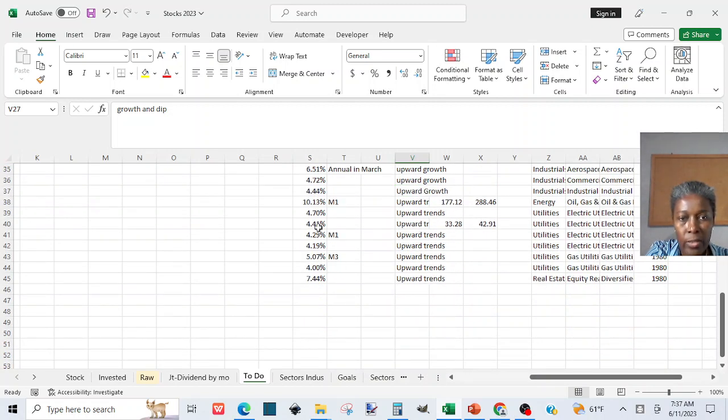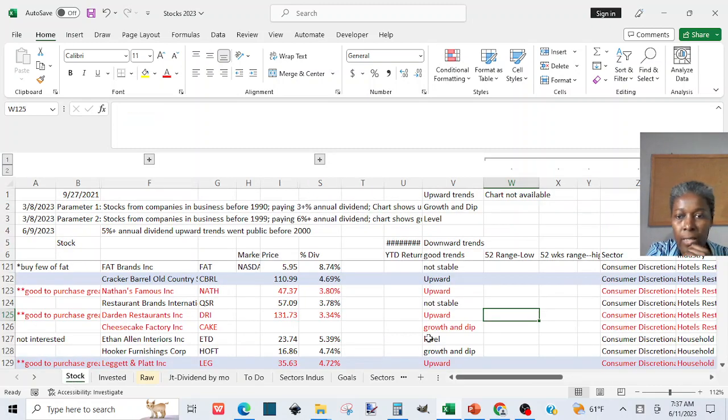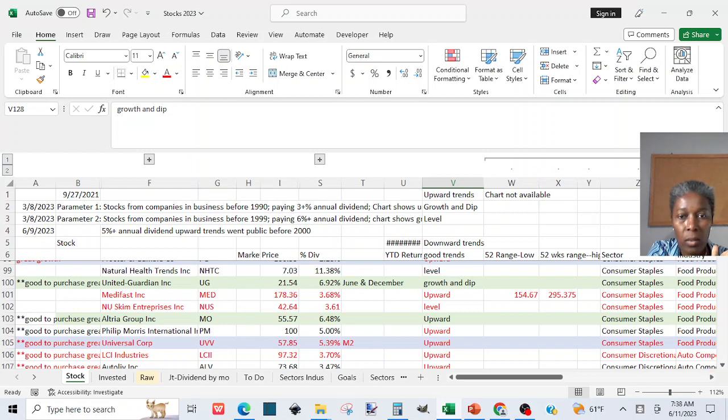But yeah, you see there is no 3% in here, so that I can pull those 4% up, have them, and if I'm done investing in them, then I can go back and see maybe upward 3% that are in the list, pull them out, have them separate, and invest in those, and then come for growth and dip and see growth and dip that will pay 6% up, invest in those. You see what I'm talking about?